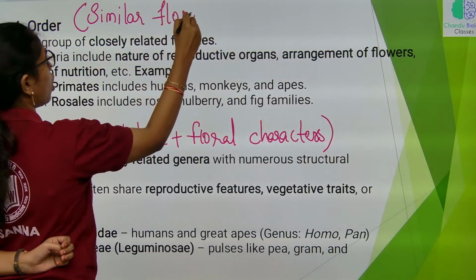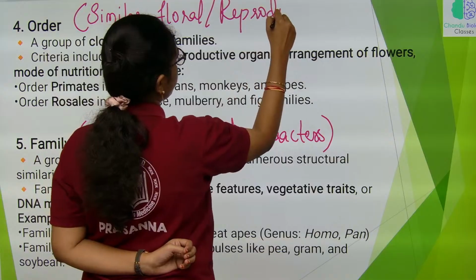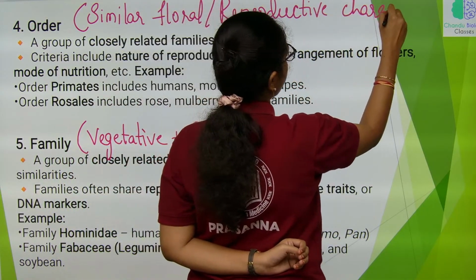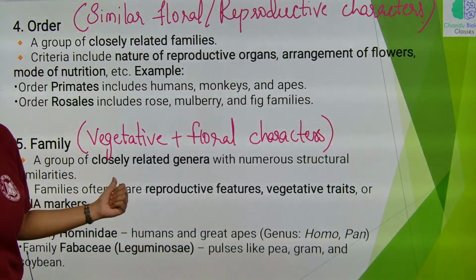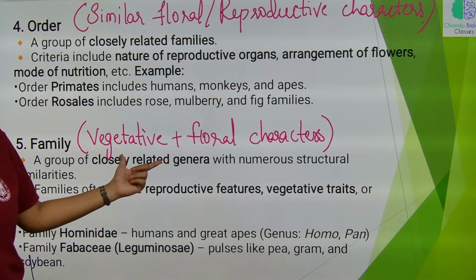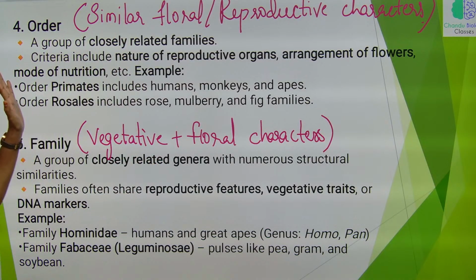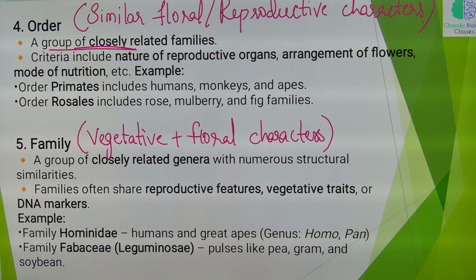Floral, or you can also describe it as reproductive characters. Fine. In a family, all the organisms will have the same vegetative and floral characters. Orders will have only similar reproductive features. So, here these are the group of closely related families.